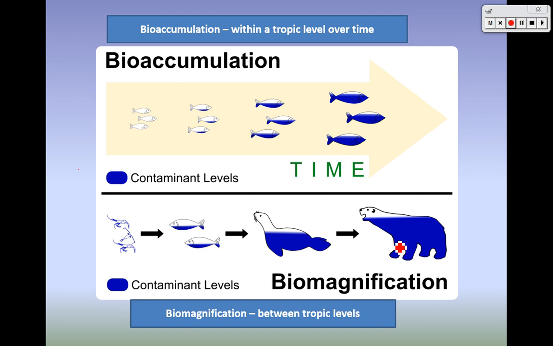So hopefully this now makes a lot more sense as to why the trophic pyramid is the shape it is and why you need more organisms on the bottom to support the organisms on the top. And then also how we actually see things like contamination moving between trophic levels and how it affects us.